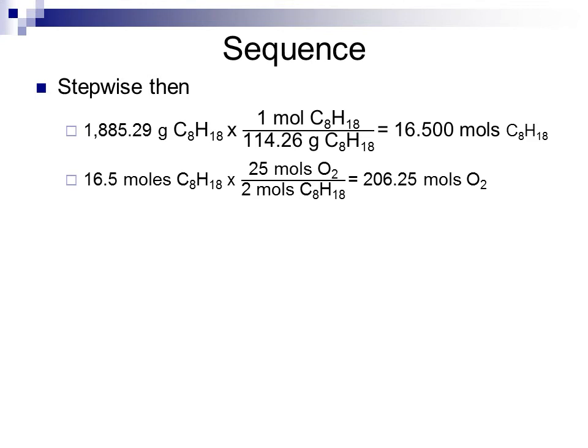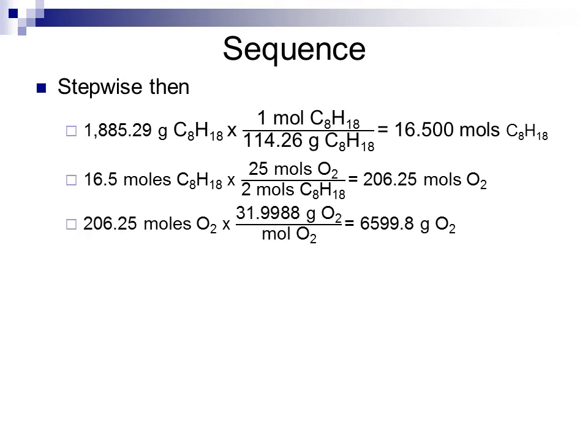I'll take that 16.5 moles then and convert from moles of octane into moles of oxygen using my mole ratio of 25 to 2. 16.5 times 25 to 2 will give me 206.25 moles of oxygen. If I take those 206.25 moles of oxygen, I can determine how much it weighs by multiplying by its molar mass of 31.9988 grams per mole, and that will give me 6,599.8 grams of oxygen.